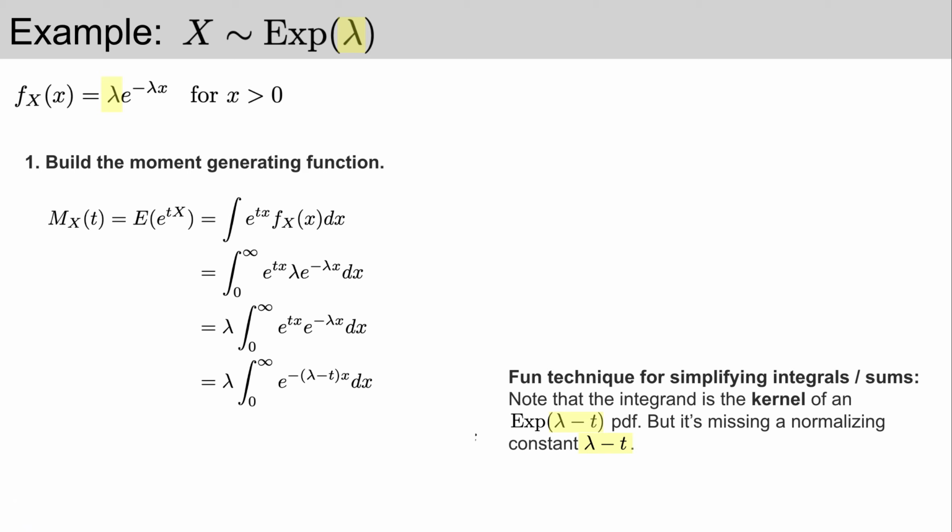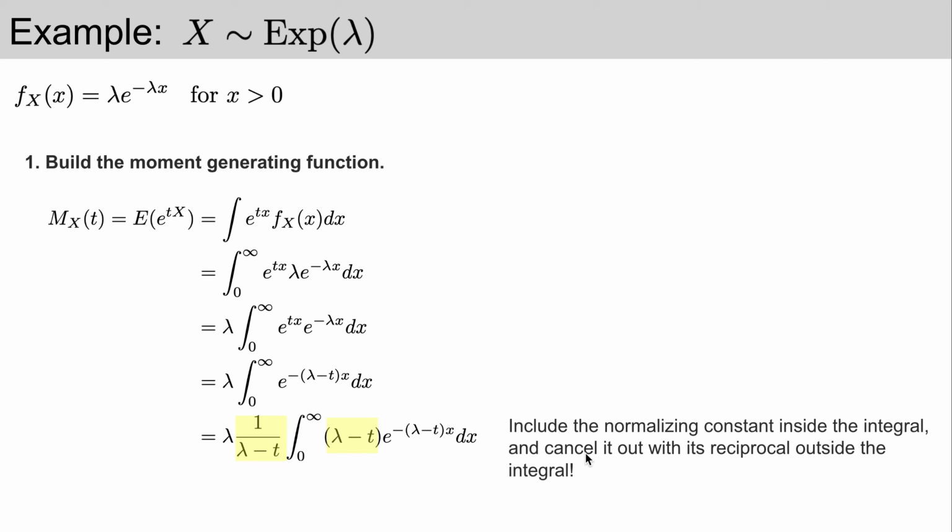Notice that the PDF for an exponential with rate lambda has a normalizing constant of lambda. Thus, an exponential with rate lambda minus t needs a normalizing constant of lambda minus t, which is no big deal.